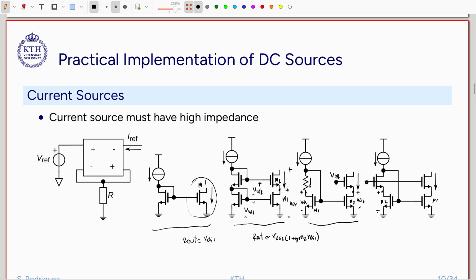As I mentioned before, above a few thermal voltages, above 110 millivolts in subthreshold, or the voltage that I need to keep the transistor in saturation when it is in strong inversion. And then I use the same voltage to bias a transistor in the cascode here. So basically I keep these two voltages around the same. And this will allow me to have a wide swing at the output.